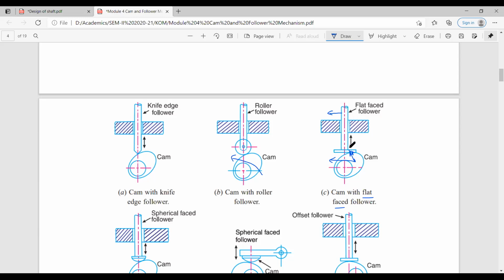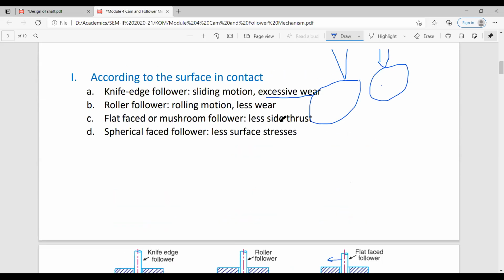This side thrust is less in the case of the flat faced follower. Then there is another type, the spherical faced follower. The advantage of this is that there are less surface stresses as compared to the flat faced follower. The surface is under less stress.